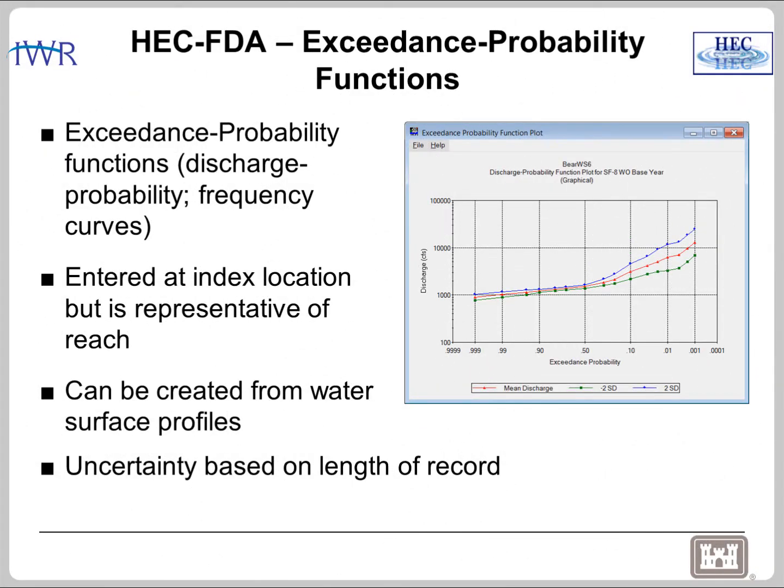In our HEC-FDA Workshop 2, we will be generating the exceedance probability functions from the imported water surface profiles. These functions are entered at the index location. As we stated before, the index location is determined based on its representation of the reach.